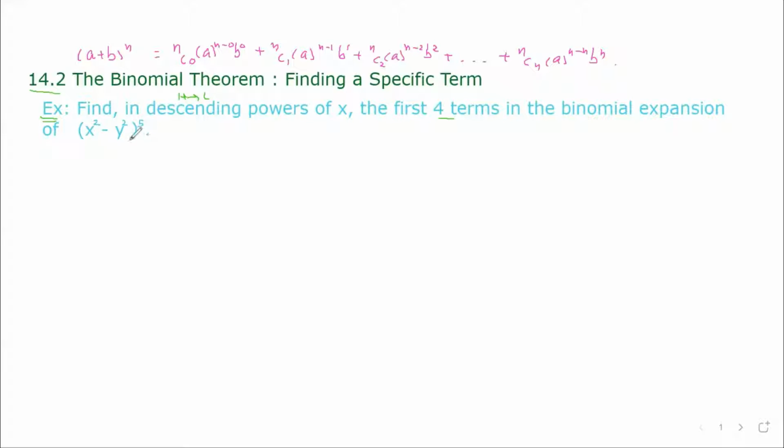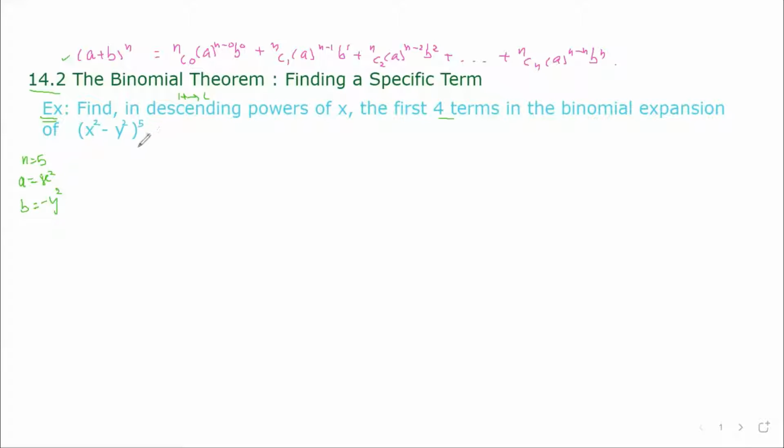This is just a review one more time, with a slightly different example. We use this formula again. Write down n equals 5, a equals x squared, and b equals negative y squared.